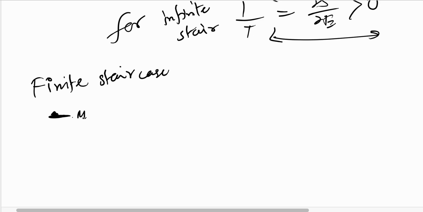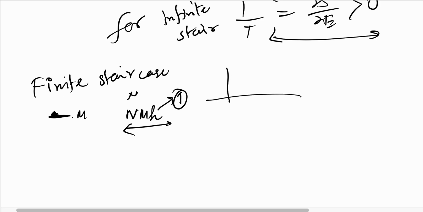The possible maximum energy of the system, if there are N particles, is N M h, and there is only one way you can get this energy N M h. So in finite staircases the entropy always has a minimum, and it should look like this, reaching its minimum at some point.